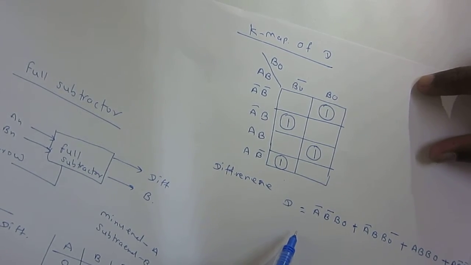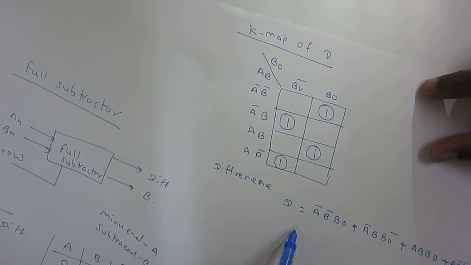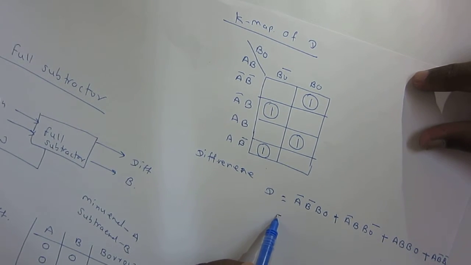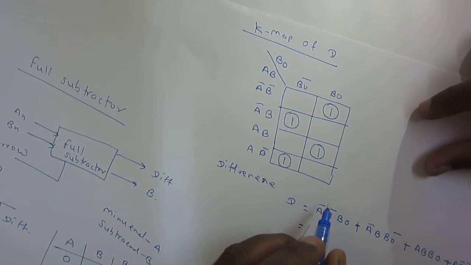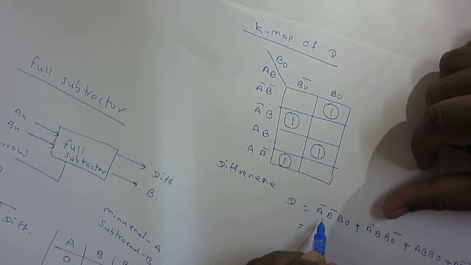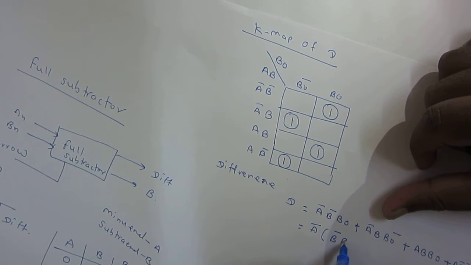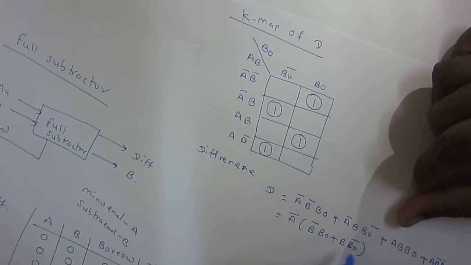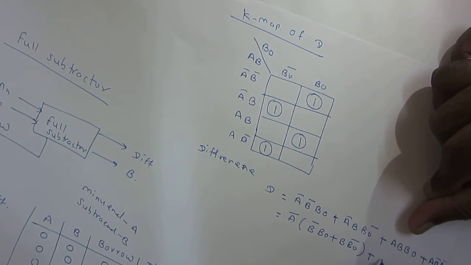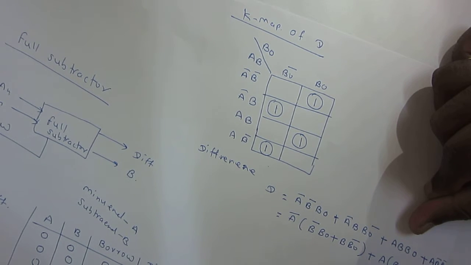Now we try to simplify this using Boolean algebra. This will be simplified like this: A bar in brackets, B bar B0 plus B B0 bar, plus, taking A common, B B0 plus B bar B0 bar.